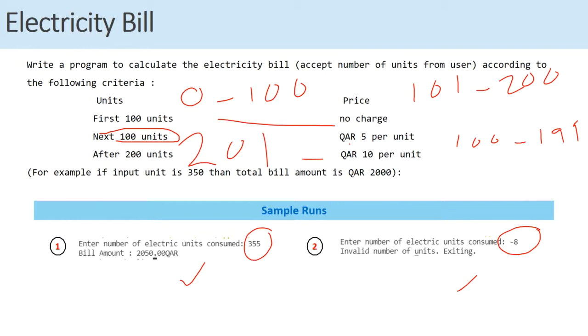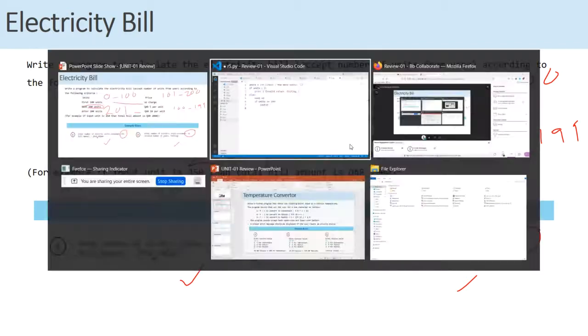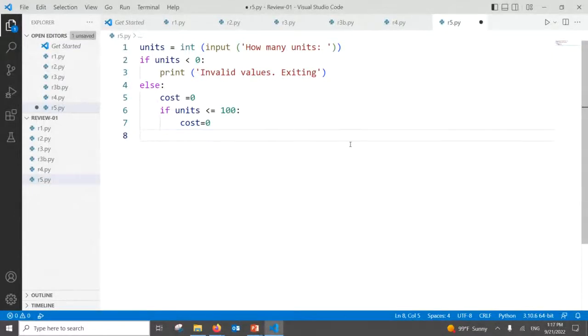Total 250, right? 150 units. First 50 what? Free. Then you pay for modulus 100, right or not? Wait. The first 100 are free. Yeah, I know that.